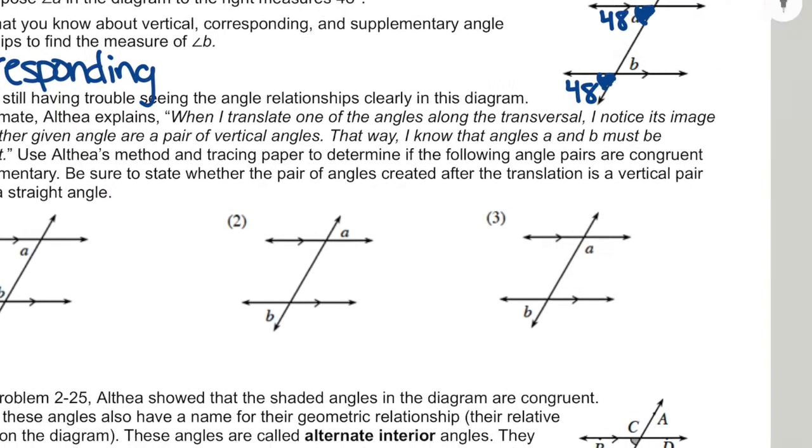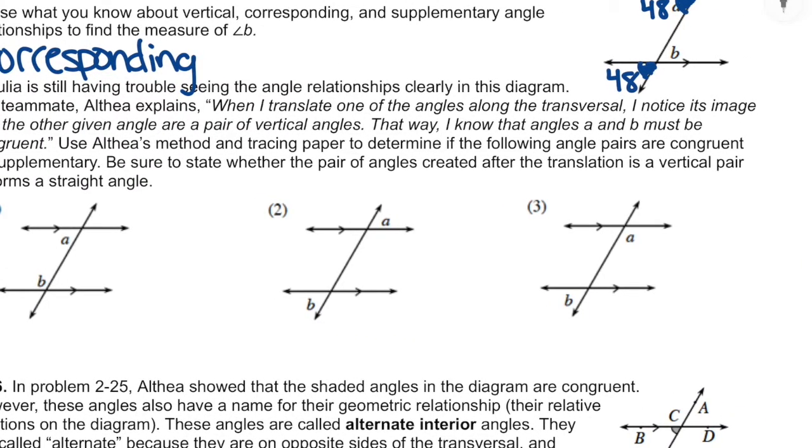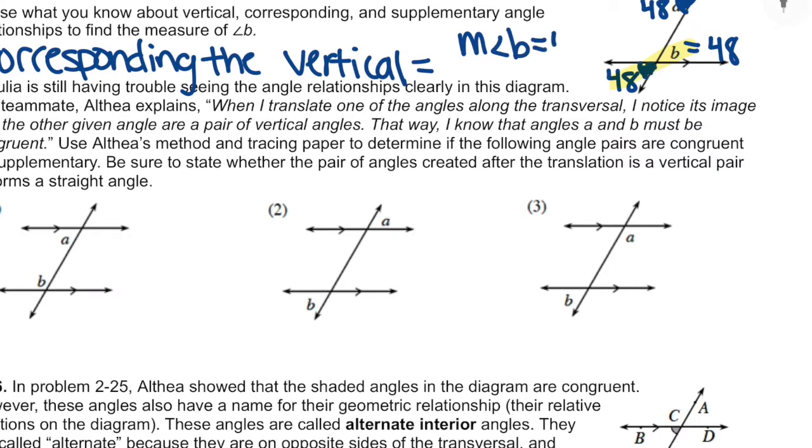And then I'm going to come back over here and say, okay, now that I put that in there, I can see that these are vertical angles and we know that they're equal. So the angle B is 48, so we're going to say, and then vertical angles are equal, so the measure of angle B equals 48.